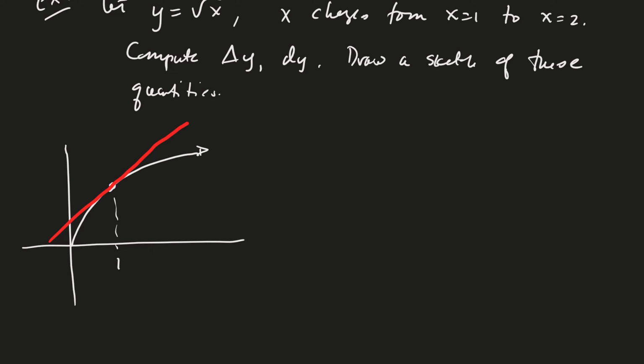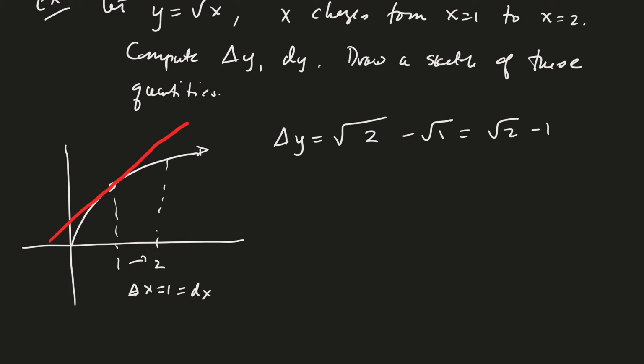And so x is running from 1 to 2, and so delta x equals 1, and that's equal to dx, right? Good. And so what is the actual change in y? The change in y is going to be the square root of 2 minus the square root of 1, which is the square root of 2 minus 1.